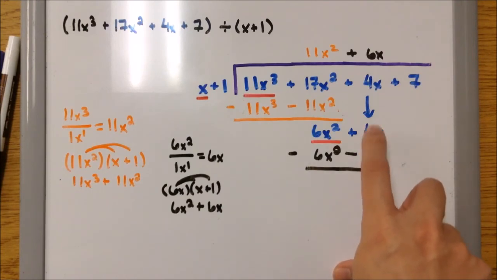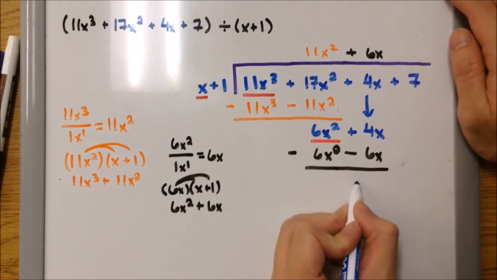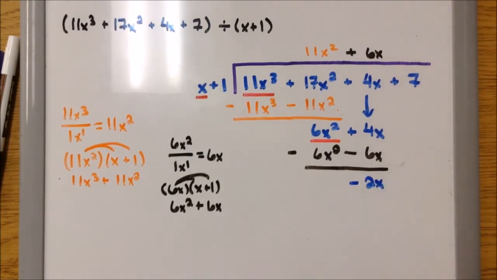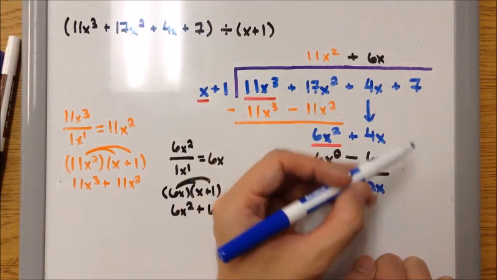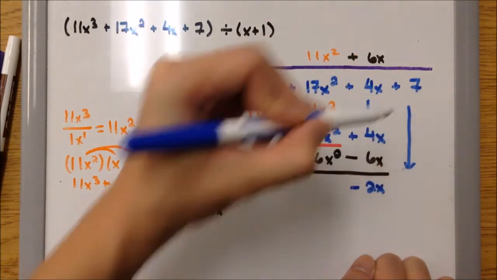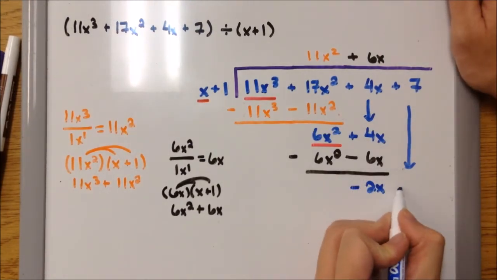Now we're going to focus on this. Positive 4x minus 6x, well, that's just negative 2x. Alright, so negative 2x. And then I'm going to bring down the plus 7. So with the negative 2x, I'm going to bring down the plus 7.